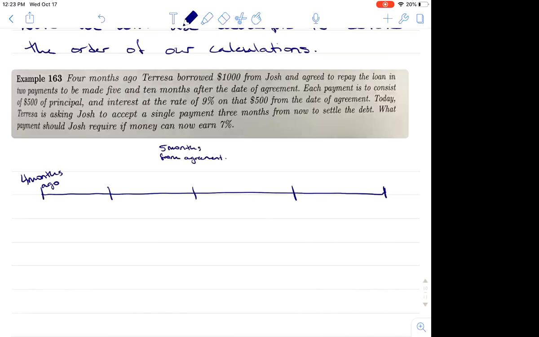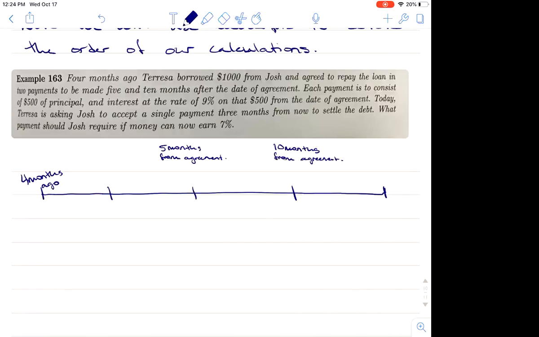And then 10 months from agreement. I don't quite know which tick that would be yet, because I have to figure out how those relate to today. Because then she wants to make a single payment 3 months from today.